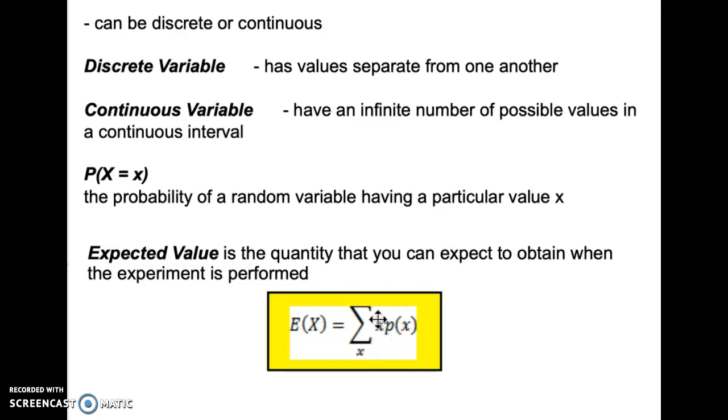So you'd, for instance, take the probability of rolling a 1 and multiply it by 1, plus the probability of rolling a 2 times 2, plus the probability of rolling a 3 times 3. Okay, and we'll see an example of this later on when we actually do some worked out examples.